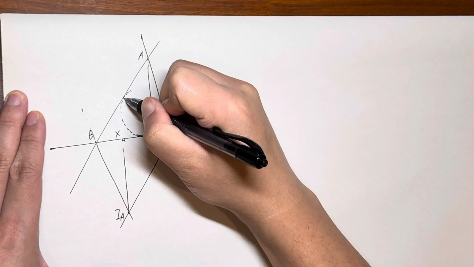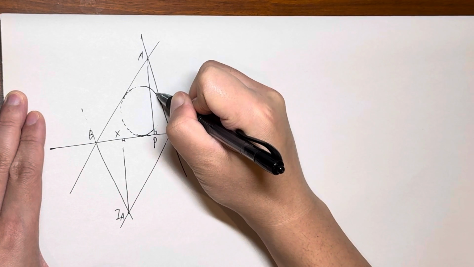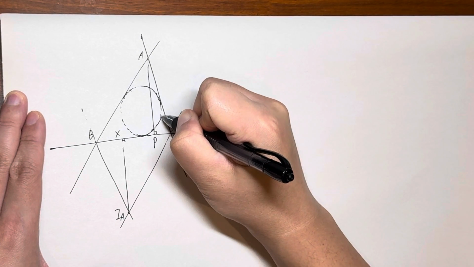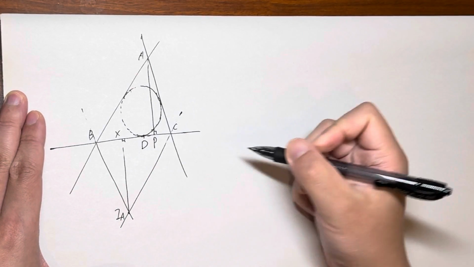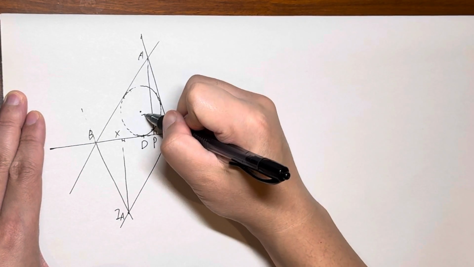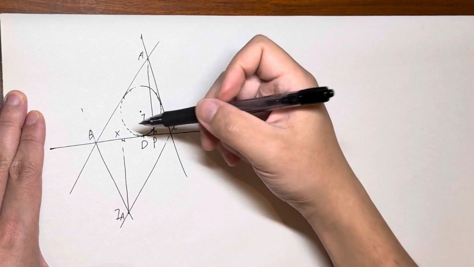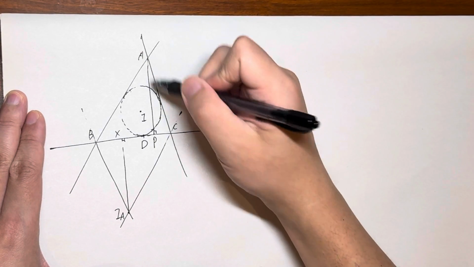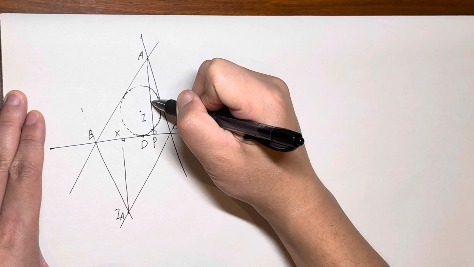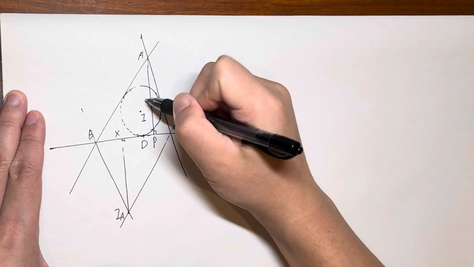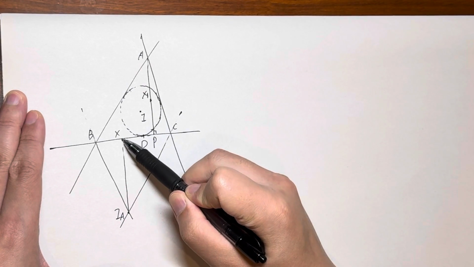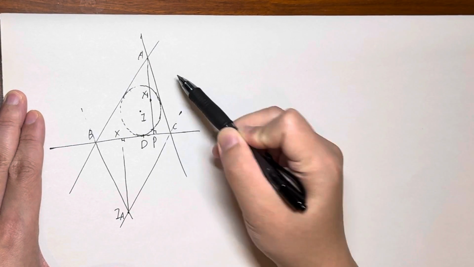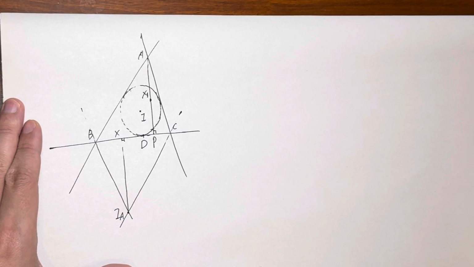Let's say the incircle is tangent to BC at point D. We have I here. So we want to prove that the midpoint of AP, which is this one, let's call it X1, that X1, I, and X, these three points are collinear.